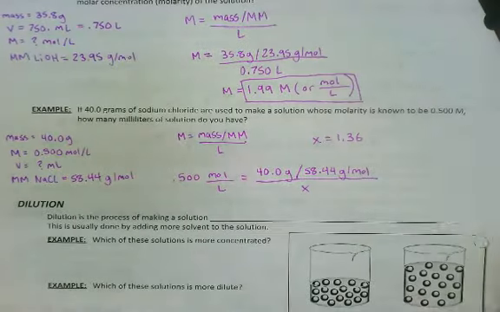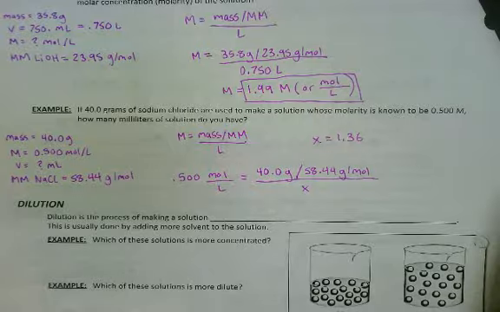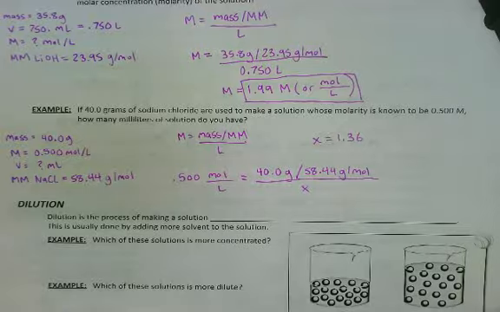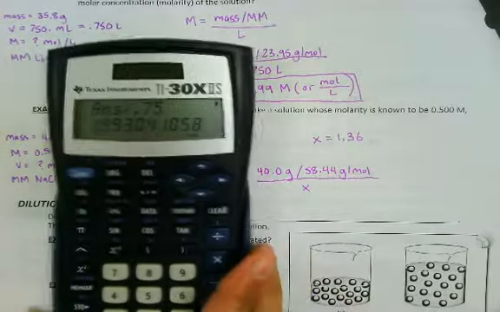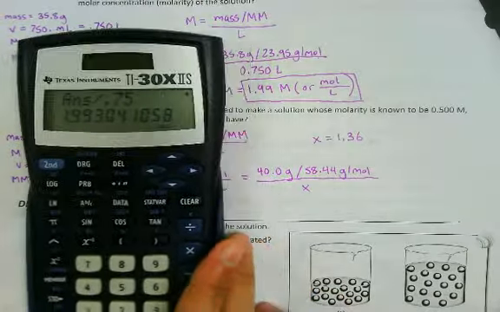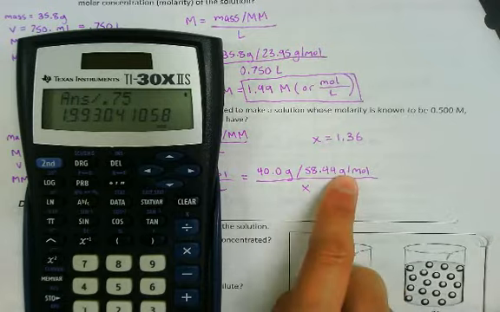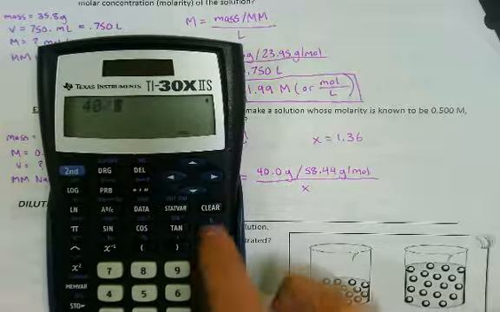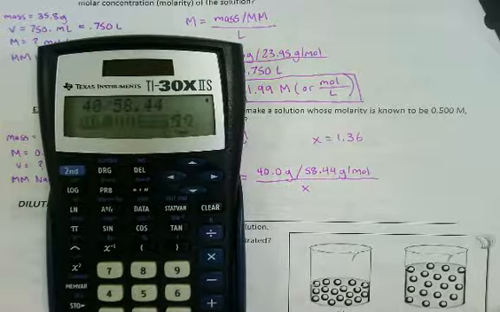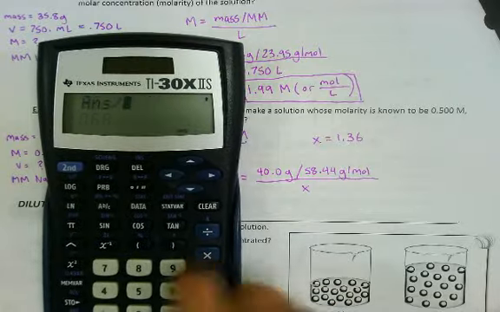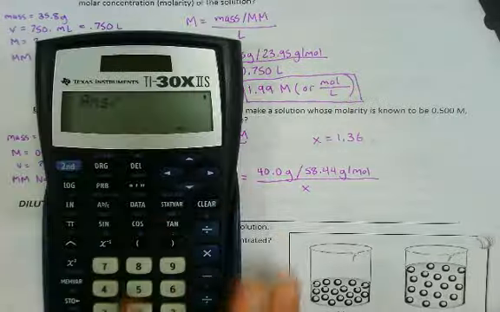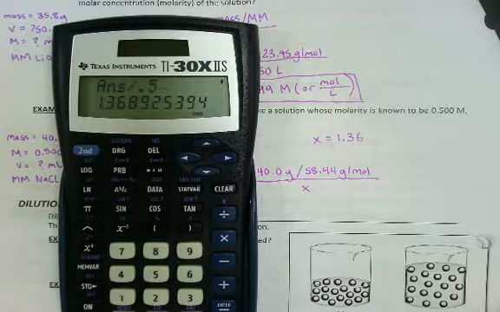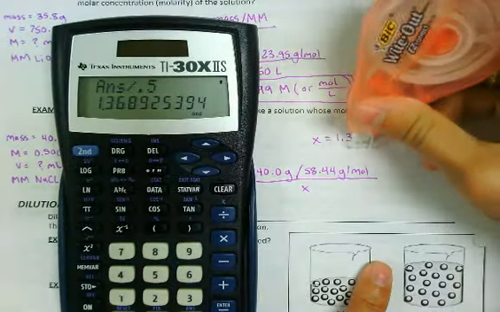1.36. Do we agree with that, y'all? Let me do 40 divided by 58.44 real quick, and then we divide that by 0.5. What could I round that to? 1.37.